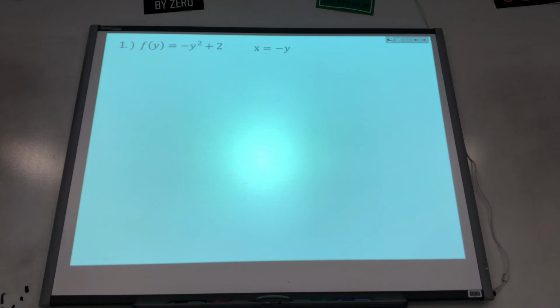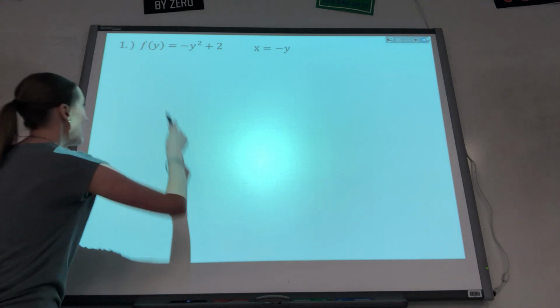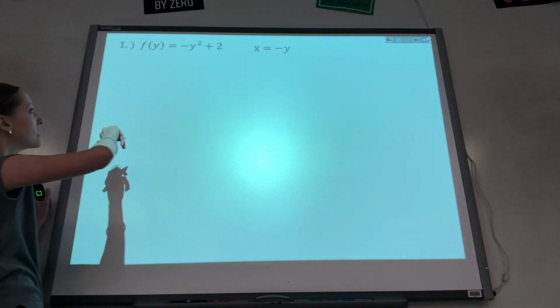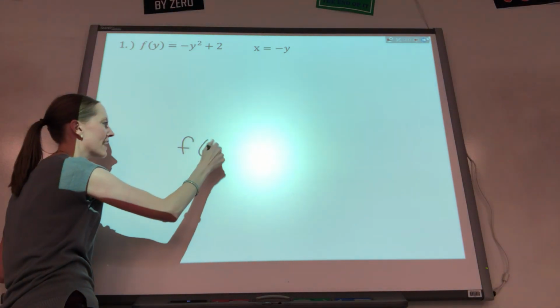All right. First one up here, it says f of y equals negative y squared plus 2, and then x equals negative y. You'll notice that these equations look kind of weird. First of all, the f of y notation, let me explain that for just a second.